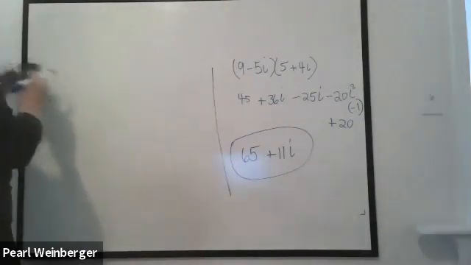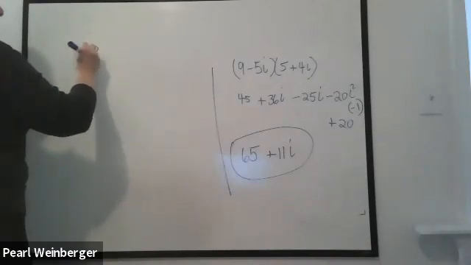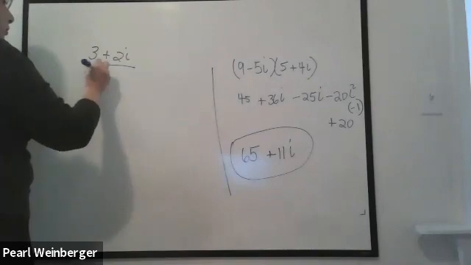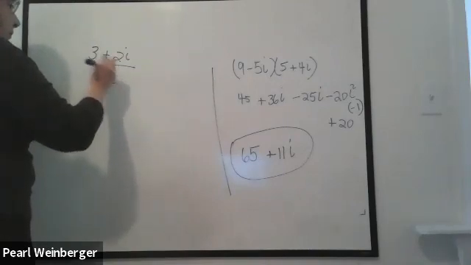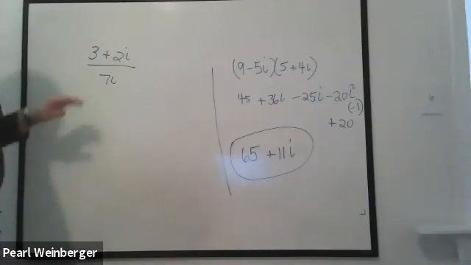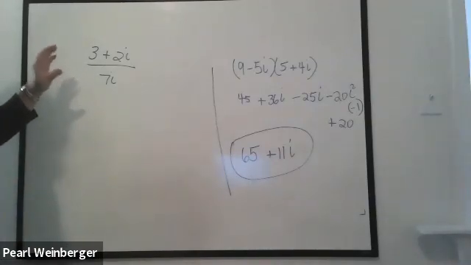So if I have something like this, let's say I have 3 plus 2i over 7i, say I had something like that, where I have in my denominator a monomial. What we want to do is rationalize the denominator.